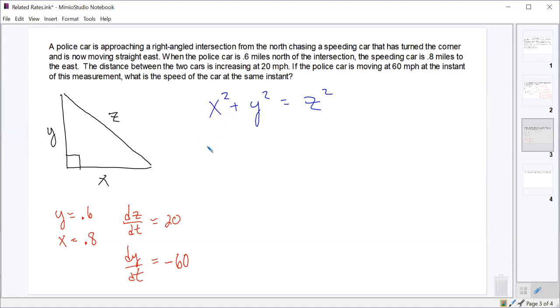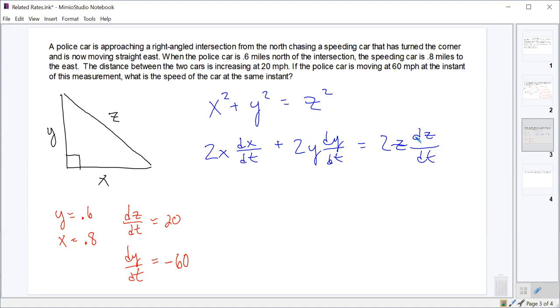So what's the derivative of x squared with respect to t? 2x dx/dt. And the y squared ought to be 2y dy/dt. And the z squared ought to be 2z dz/dt.